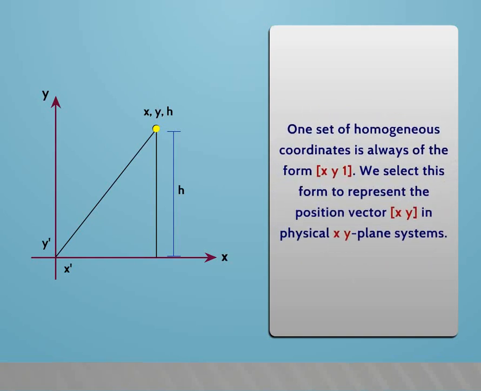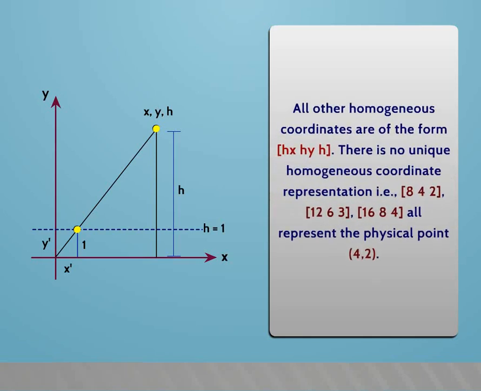One set of homogeneous coordinates is always of the form x, y, 1. We select this form to represent the position vector xy in physical xy plane systems. All other homogeneous coordinates are of the form hx, hy, h.